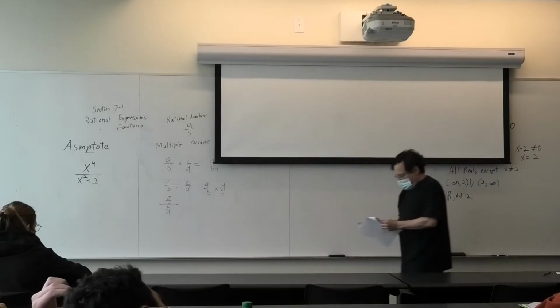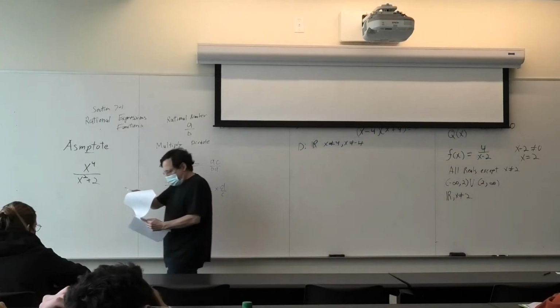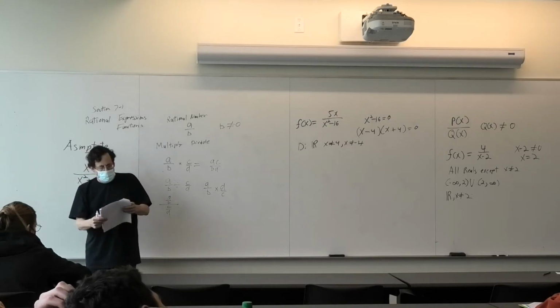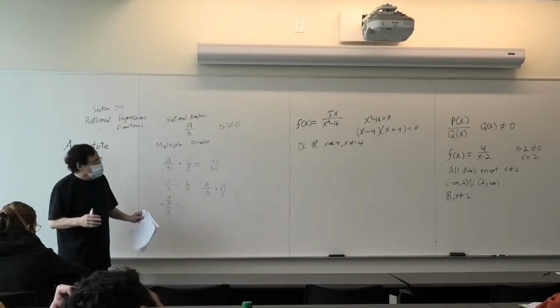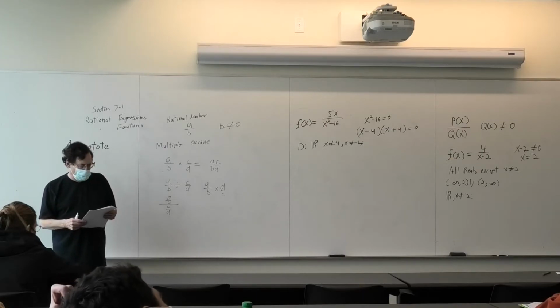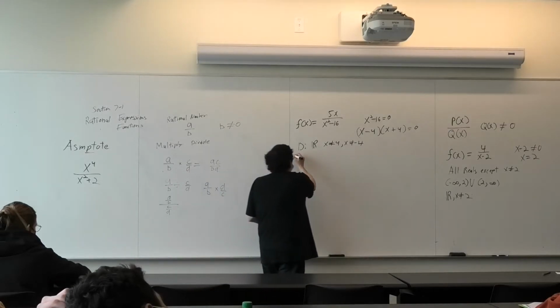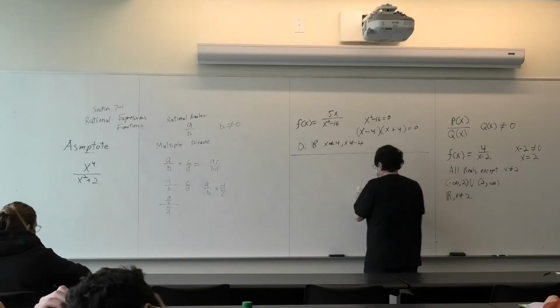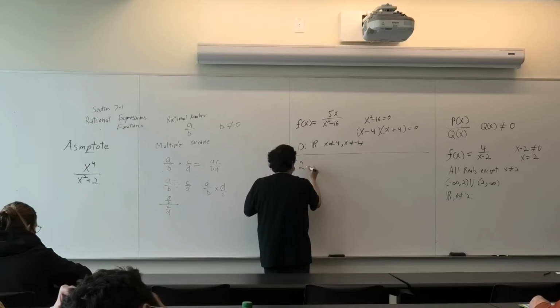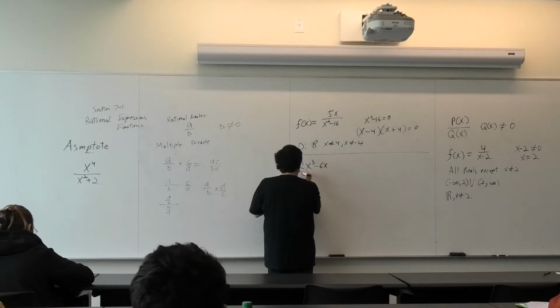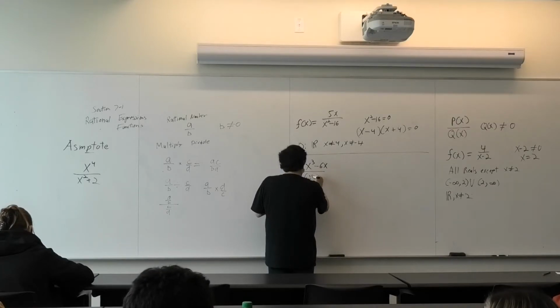All right, so that's rational expressions, rational functions. There's a few tricks for dealing with these that you should know about. Let's take, for example, 2x cubed minus 6x over 6x squared.